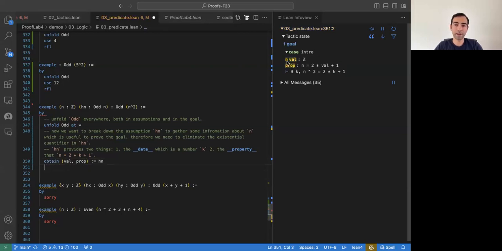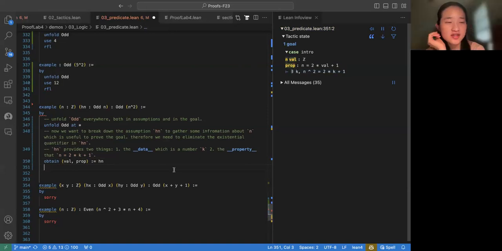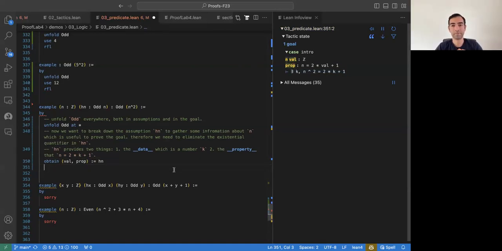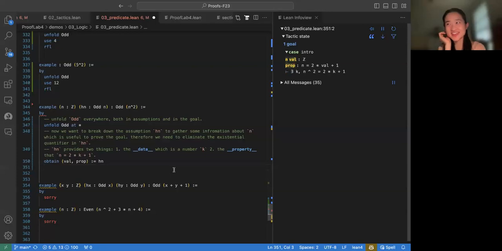Now, how do I use this val and prop that I just generated in the previous line to prove the goal? Val provides the value, like the data.